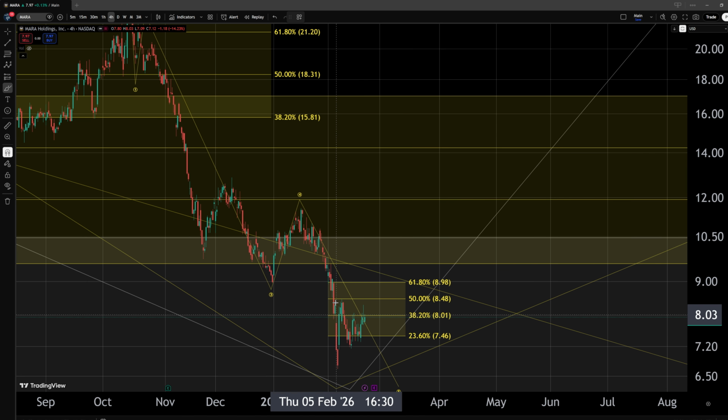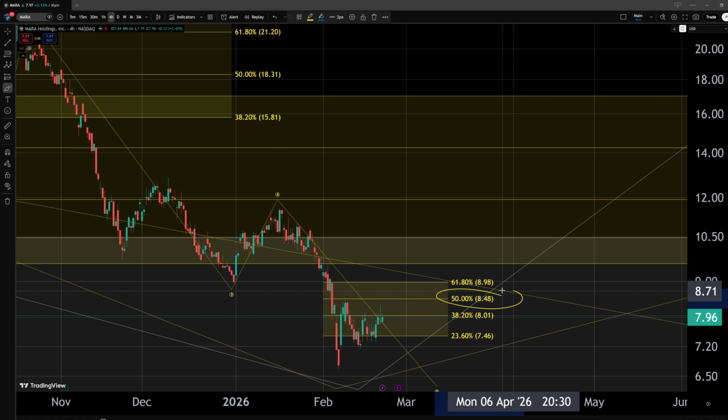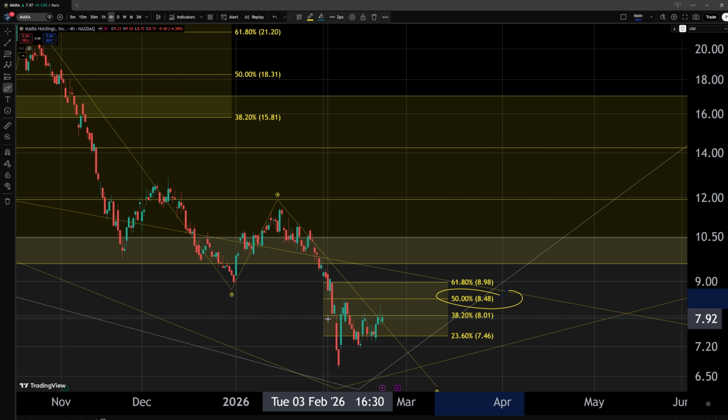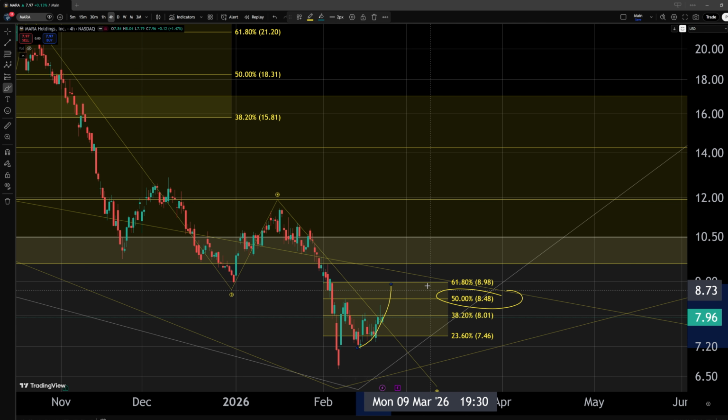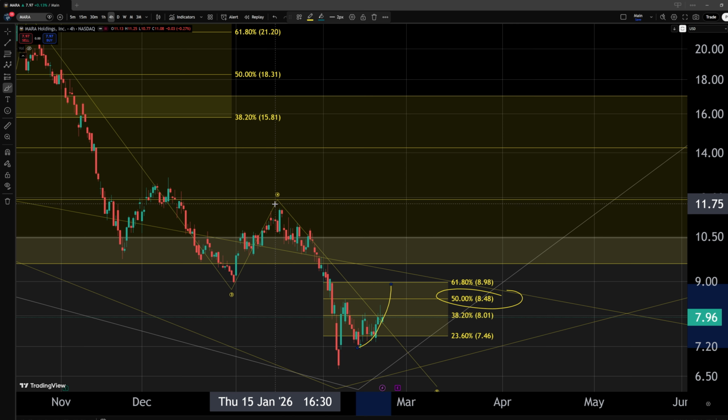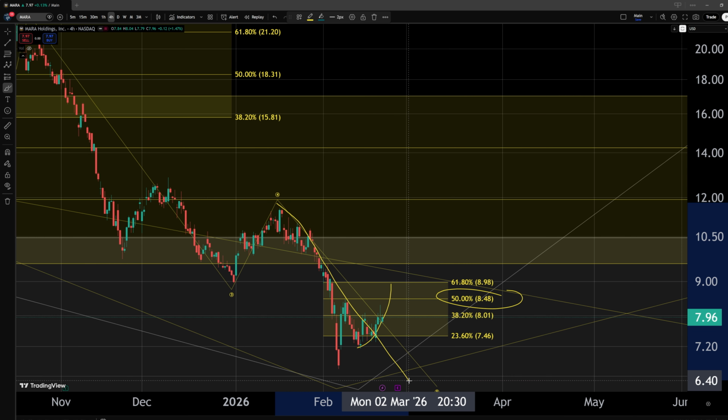And in this case, we would have pushed already into the 50% retracement. And based on this structure, I have to say, if we form another high, I already find it likely that we will not extend to lower prices within this wave directly.